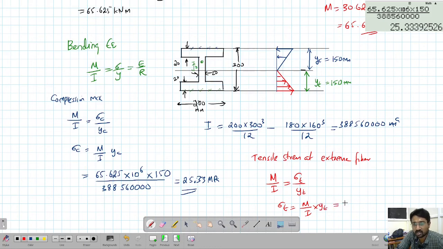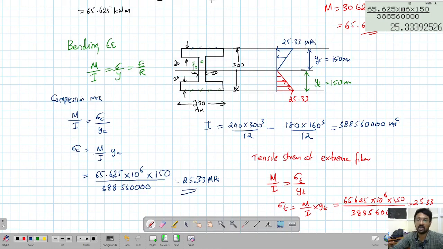This is nothing but 65.625 into 10 to the power 6, the same moment, into 150 upon 388560000. So it is the same, and we get the same value, 25.33 MPa. So here it is 25.33 MPa tensile, and at the top it is 25.33 MPa compressive.